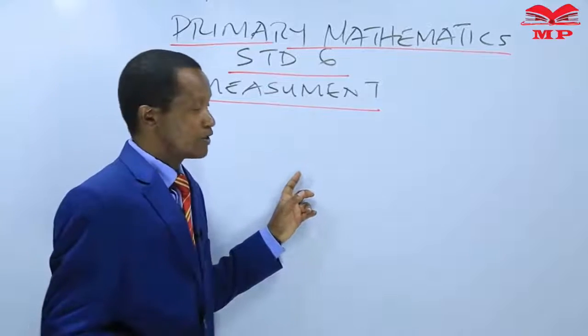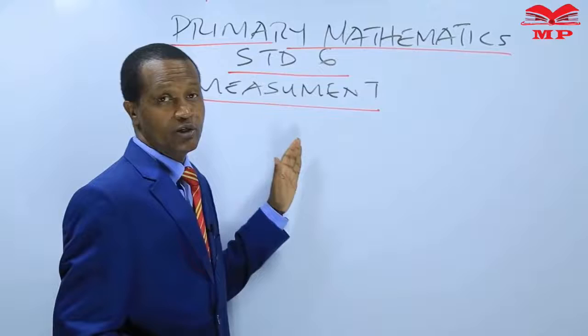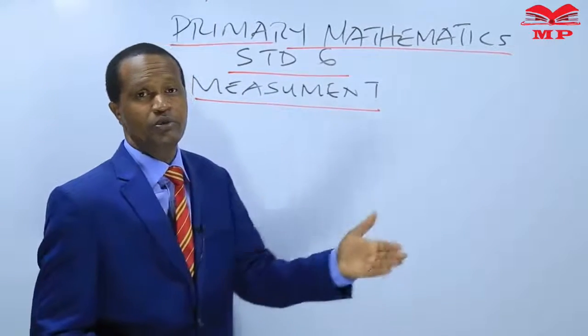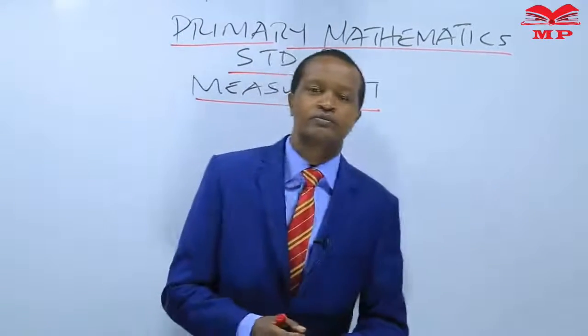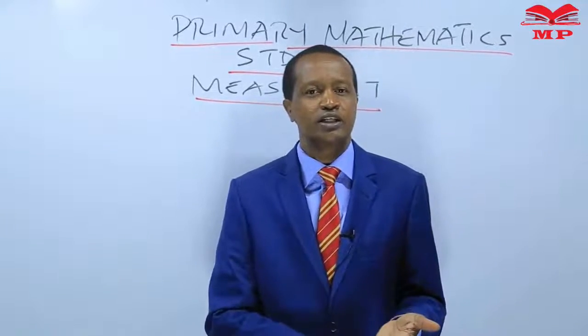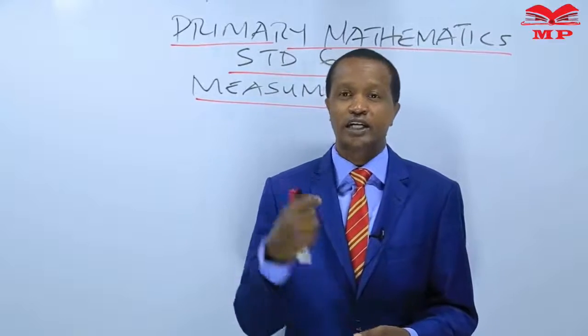I'm aware, learners, that this is not the first time you are encountering this topic. We covered this topic in the previous classes, and I know you are familiar with the centimeter, meters, and kilometers as units of measuring length.